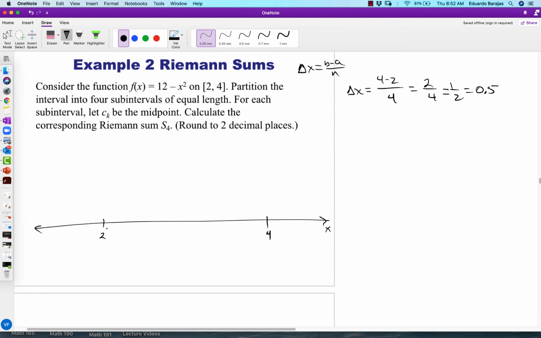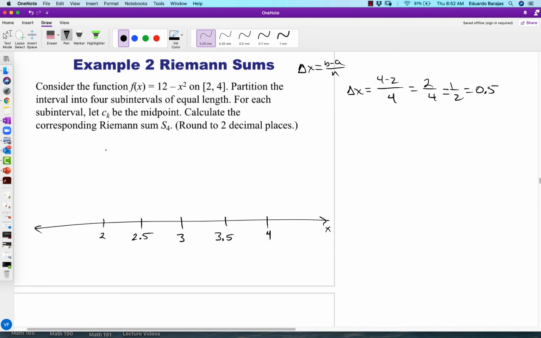So starting at 2, I'm going to add 0.5 to get to 2.5. Then 3. I've got to make it bigger than that. It's got to be around 3 there, so that's about 2.5 there, 3 there, and about 3.5 there.